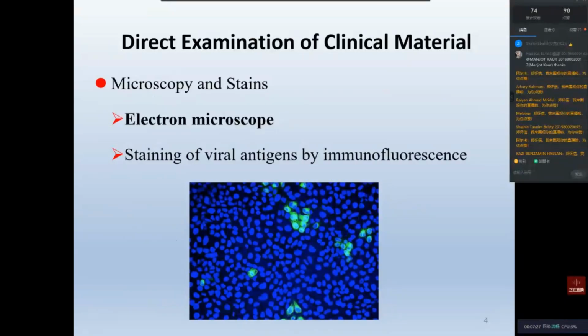So if you see the fluorescence, you will know there is such a viral antigen. Well, definitely, you can only see the light signal. You cannot see the viral morphology because it's too small in a light microscope, even with a fluorescence light microscope.